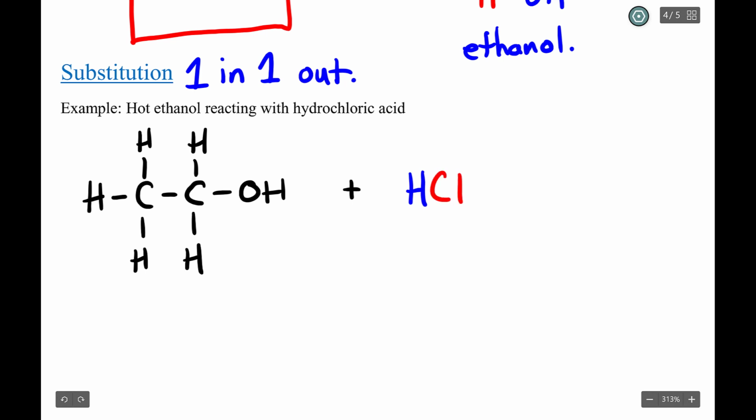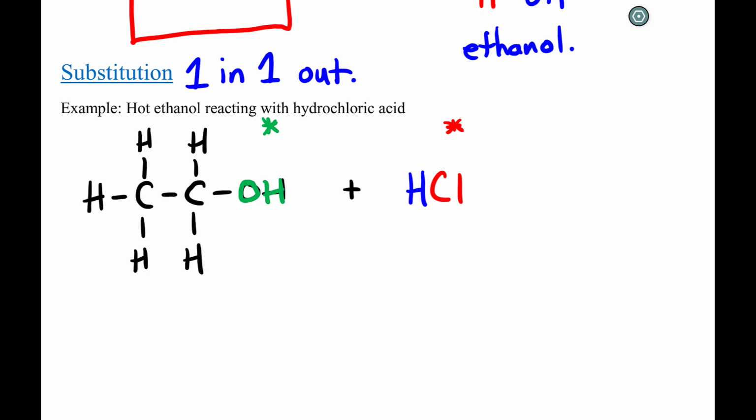We have two nucleophiles, okay? So our first nucleophile would be the hydroxide. It is a very electronegative group. The oxygen is extremely negative. Our other nucleophile here is chlorine, okay, which is much more highly negative than the hydrogen here.